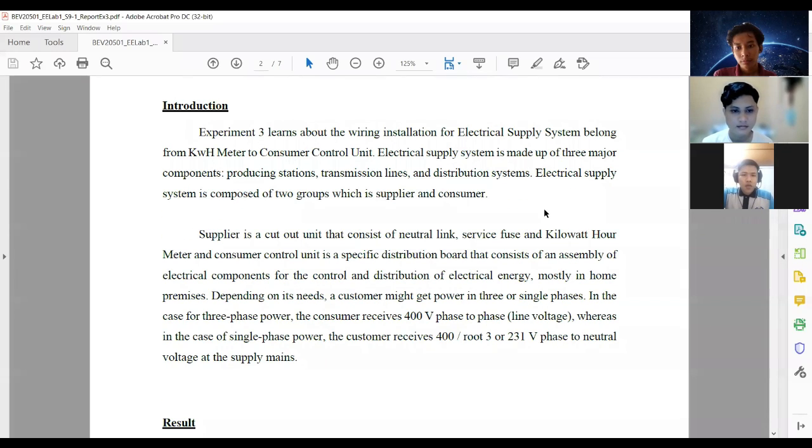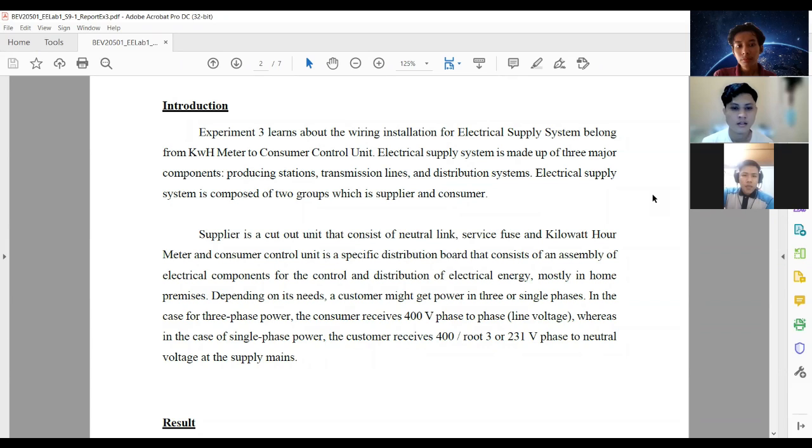Okay, so for the introduction, in experiment 3, we learn about the wiring installation for electrical supply system from kilowatt hour meter to consumer control unit. The electrical supply system is made up of 3 major components, which are producing stations, transmission line, and distribution system.